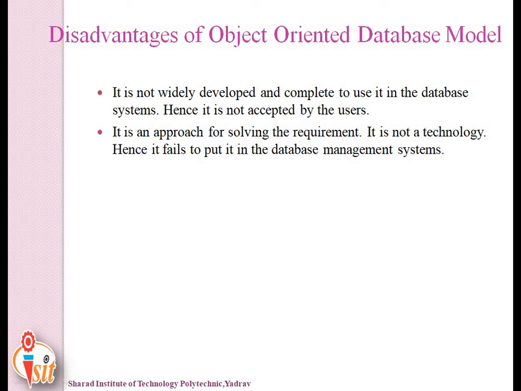Lack of support for security: currently, object-oriented database model systems do not provide adequate security mechanisms. The user cannot grant access rights on individual objects or classes. There is also complexity.